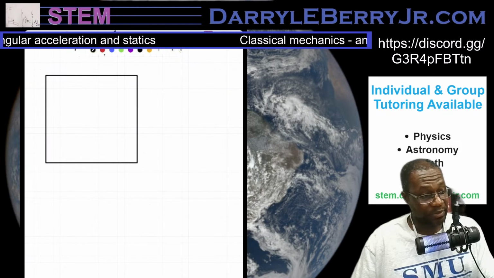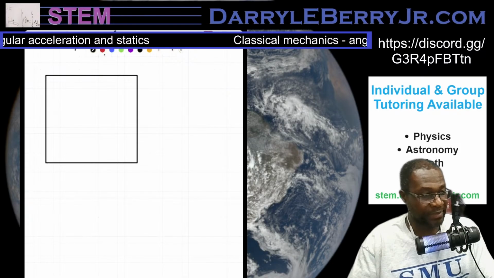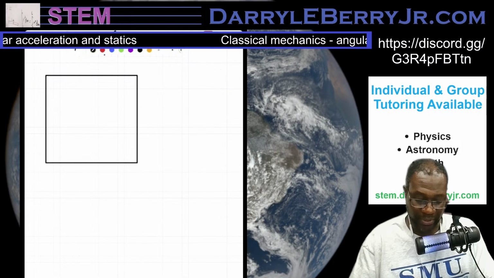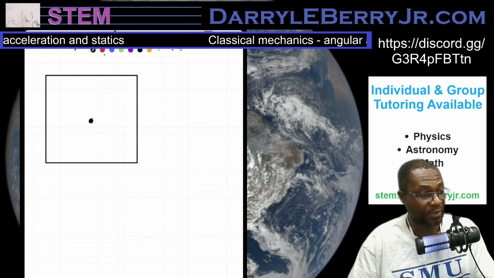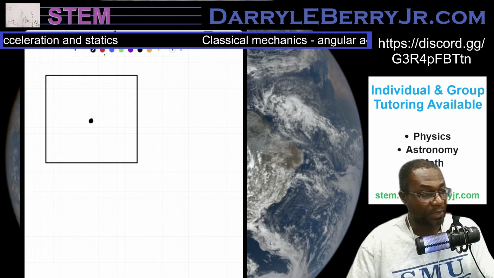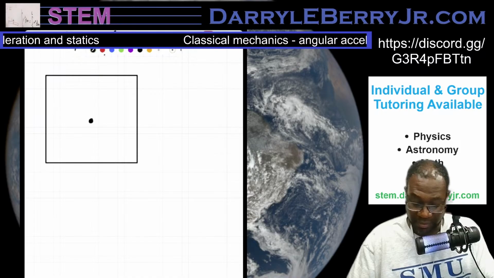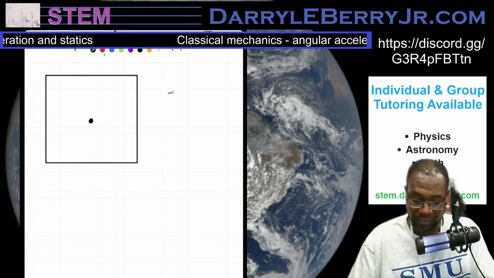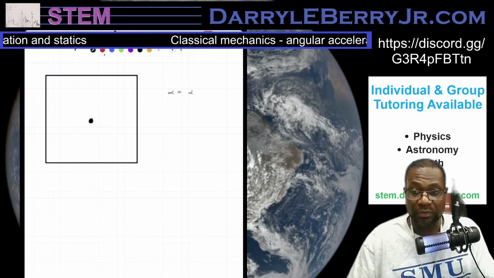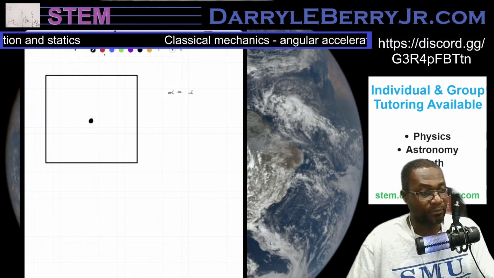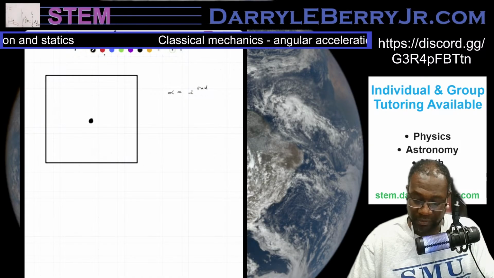But I'll make it square in this moment. And let's say that the object that's rotating, this is the center of mass, starts from rest, and let's say that it accelerates at, let's say, angular acceleration is 2 radians per second squared.